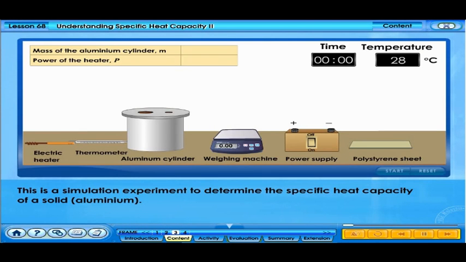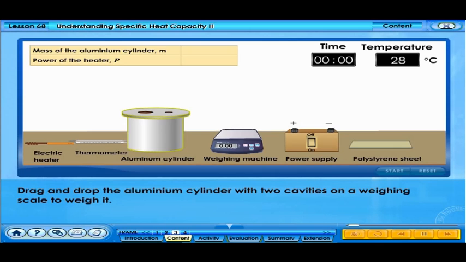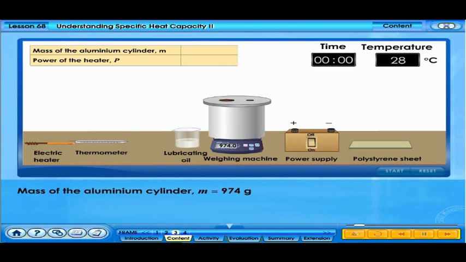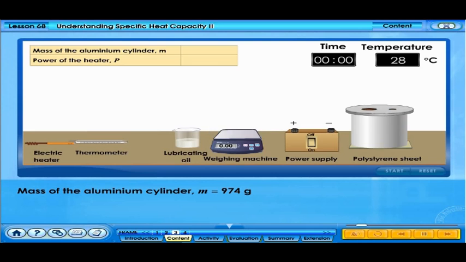This is a simulation experiment to determine the specific heat capacity of a solid, aluminium. Drag and drop the aluminium cylinder with 2 cavities on a weighing scale to weigh it. Mass of the aluminium cylinder is 974 grams.